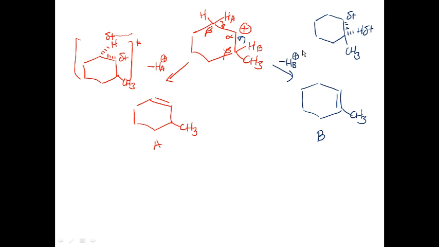So I had a partial double bond, partial breaking of the CH bond, and then a delta plus on what was the carbocation and a delta plus on the hydrogen that's leaving. So there's my transition state to form product B.